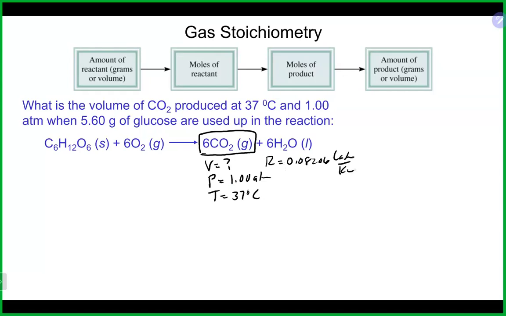So if we think about CO2 and PV equals nRT, I do have the pressure, I do have the temperature, R is a constant, and I'm looking for volume. The one thing I'm really missing in order to use the ideal gas law is moles. And the moles of the CO2 is going to come from the stoichiometry part.